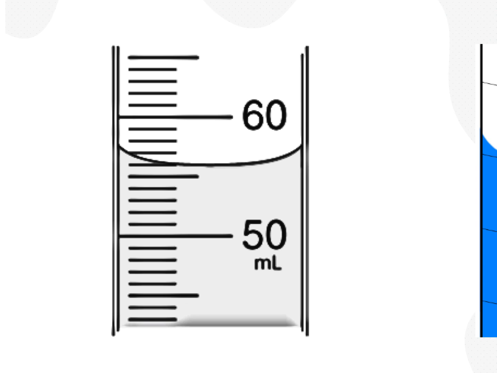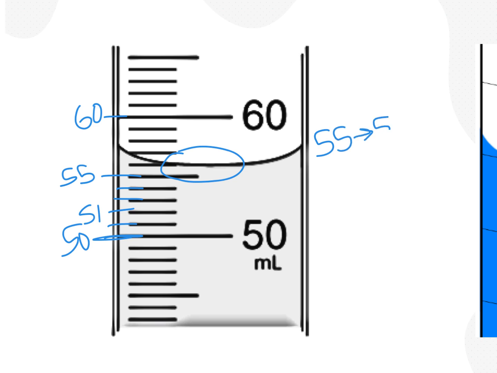I can tell each one of these markings, this is 50. And so that means this is 51, 52, 53, 54. This is 55. This is 60. So what I can tell is that my mark is somewhere between 55 and 56. So maybe I'm going to go with 55.9.